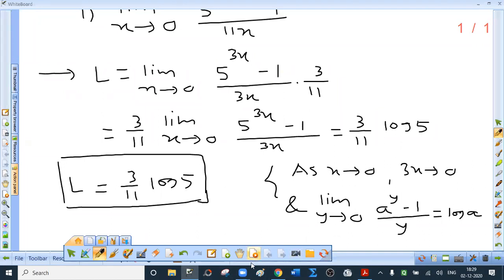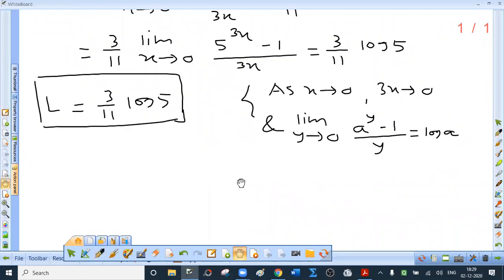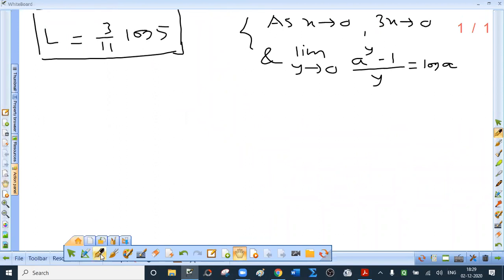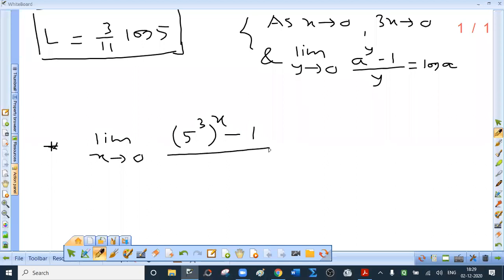In fact, let me explain. If you know laws of indices, of course everybody knows laws of indices, but the problem is application. See, can I say that this is, limit x tends to 0, instead of 5 raised to 3x, I can say this is 5 cube raised to x minus 1 upon, I will write 1 upon 11 outside the limit being constant.